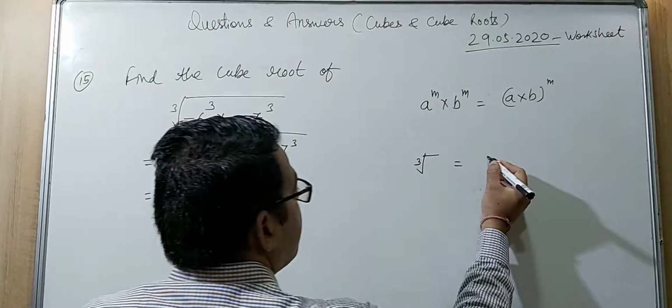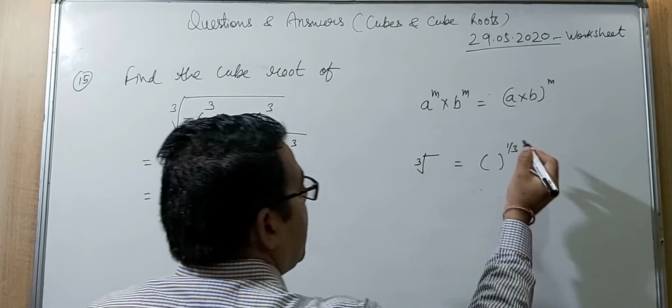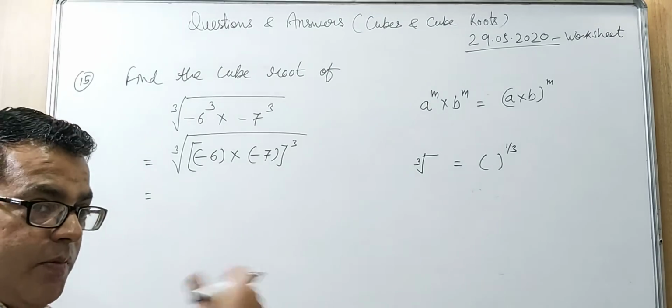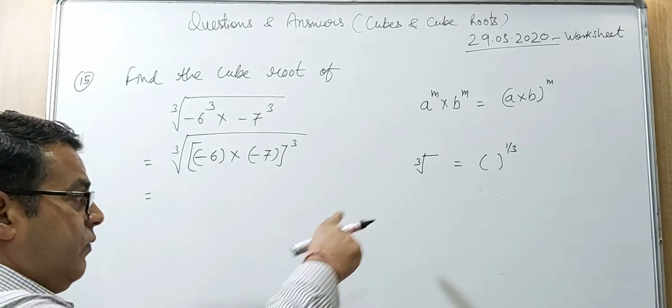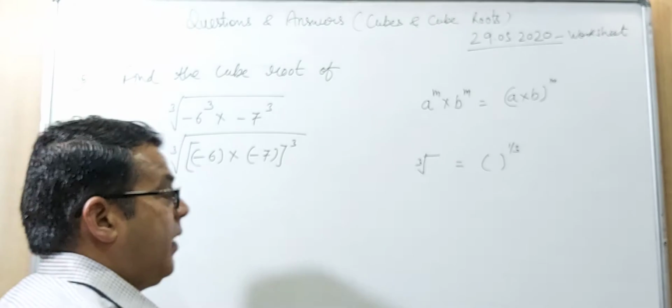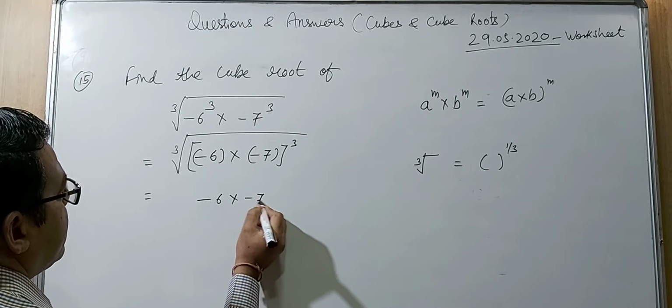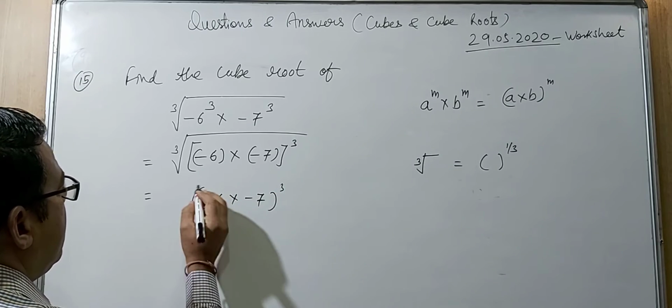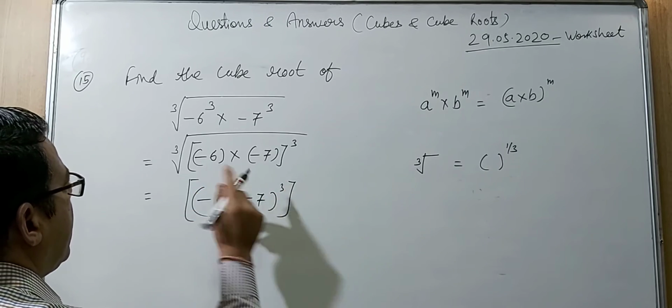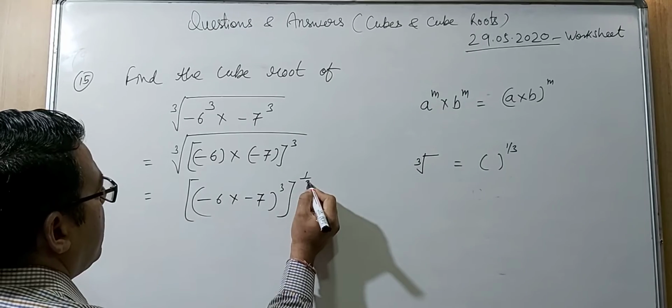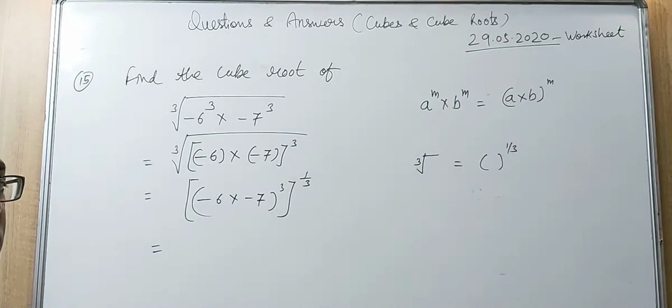It means power is 1 by 3. In my previous video I explained that this symbol means power 1 by 3. So we can write it minus 6 into minus 7, power is 3, and we can also write this symbol as power 1 by 3. This is very interesting, right?